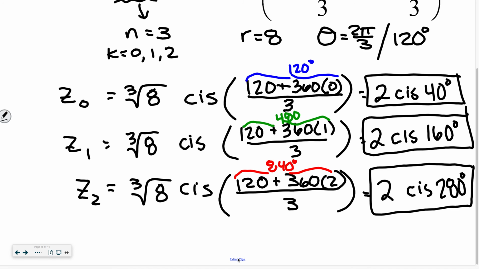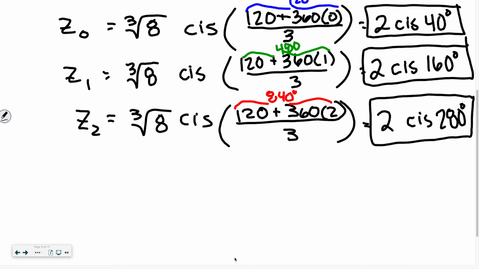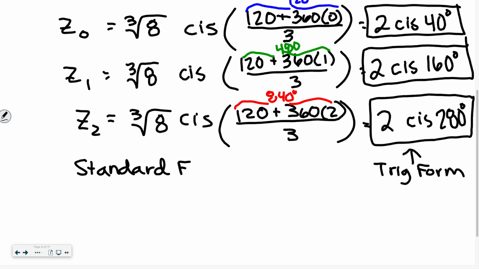Okay, those are all in what form? Those are in trig form. Suppose I ask you for standard form. Don't worry, this one's going to be a little bit easier. Notice these do not have angles from the unit circle: 40, 160, 280.